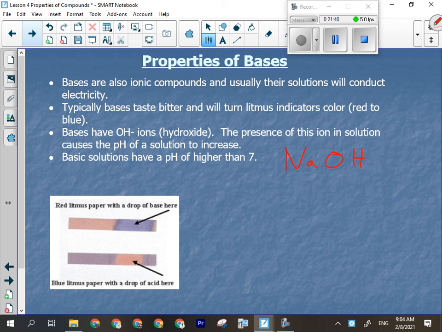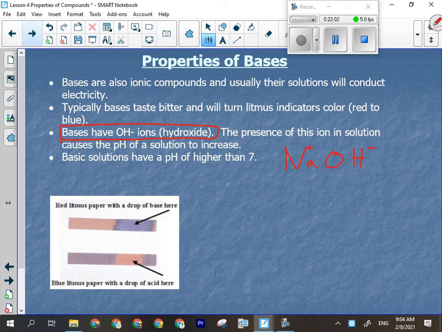So anything that, when it breaks up or goes into solution, will give off hydroxide ions is going to be a base. So bases always have OH or hydroxide ions in them. So sodium hydroxide would be a strong base.